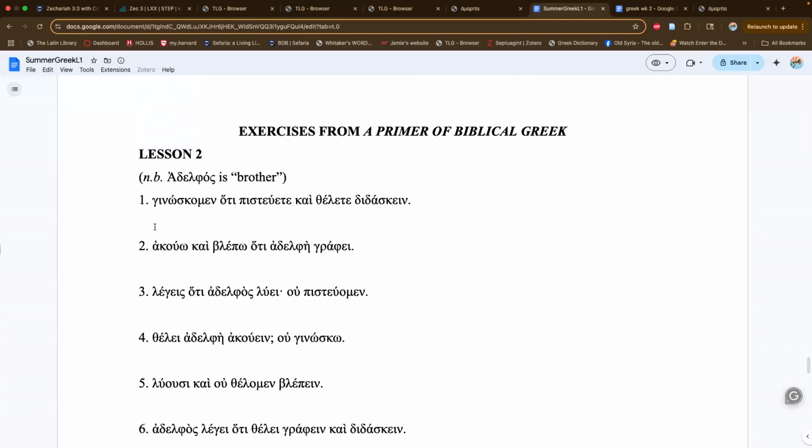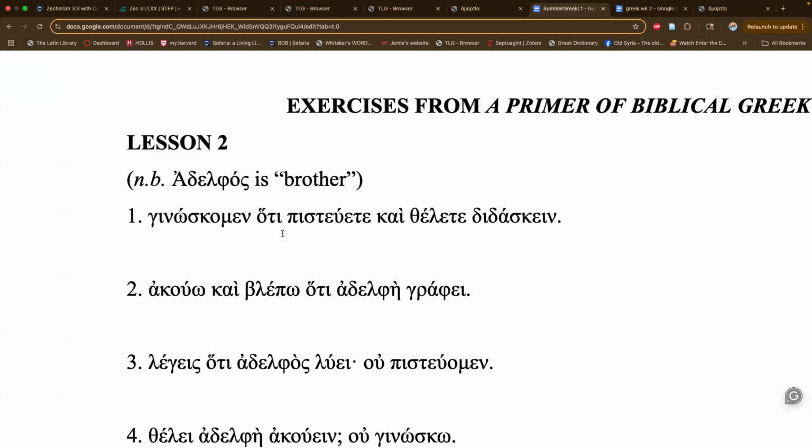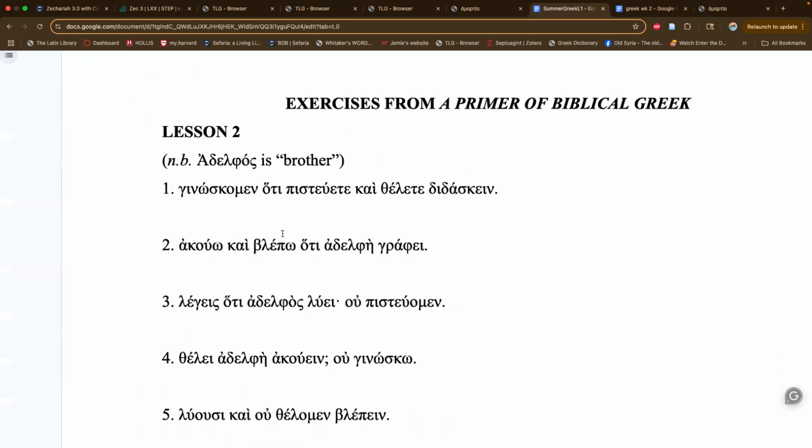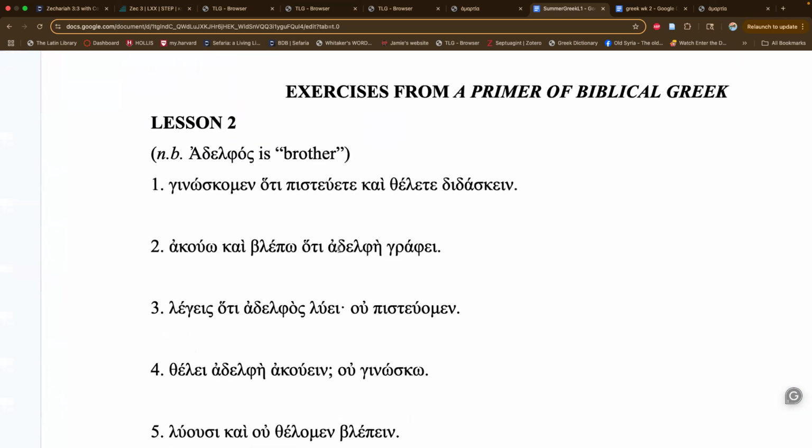But that's the only reason why I did that. But yeah, Adelphe, we'll learn that the eta ending is a signifier of the feminine, and os is the signifier of the masculine. So that's close, but not quite.